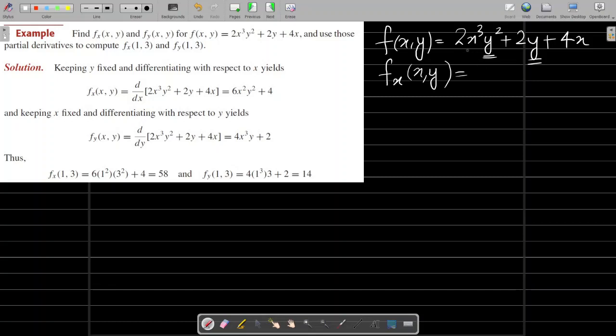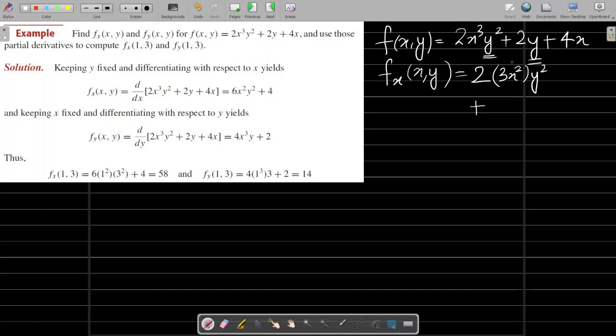Now when I partially differentiate this, it is equivalent to writing d by dx of this whole function treating y as a constant. So these are constant terms, so I'll write 2. What is the derivative of x cube? It is 3 into x square, and the constant term I'm writing as such, plus what is the derivative of 2y with respect to x?